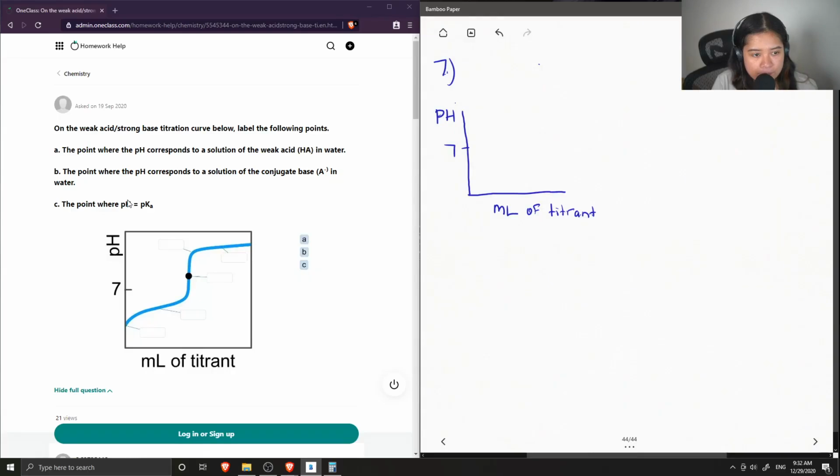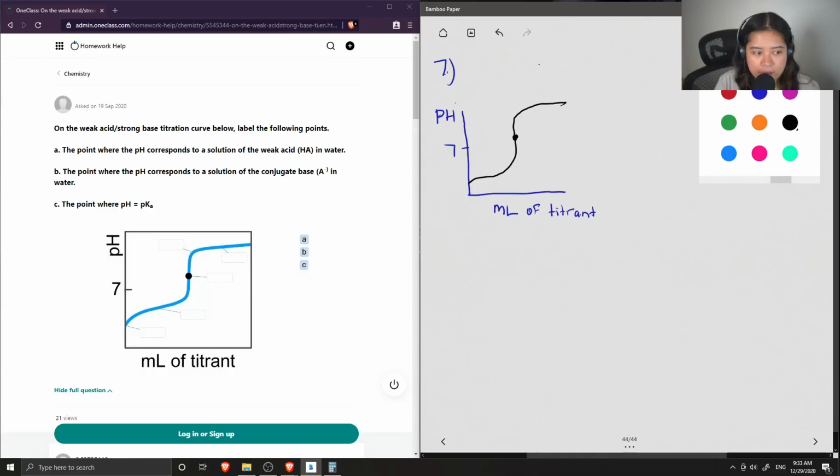And then the graph kind of looks like this. Okay, so this is kind of what the graph looks like, and we just need to label A, B, and C.